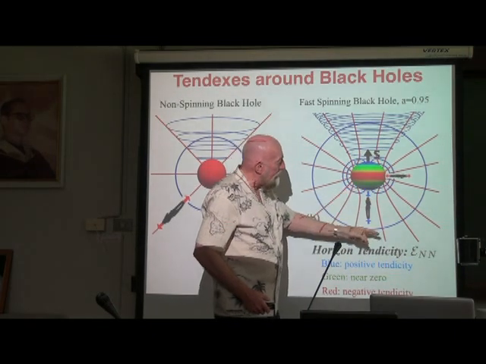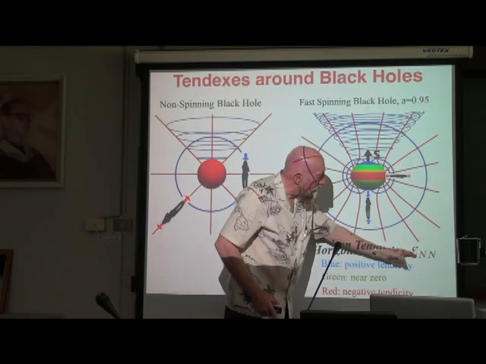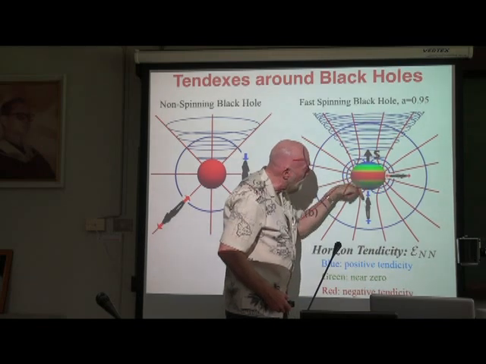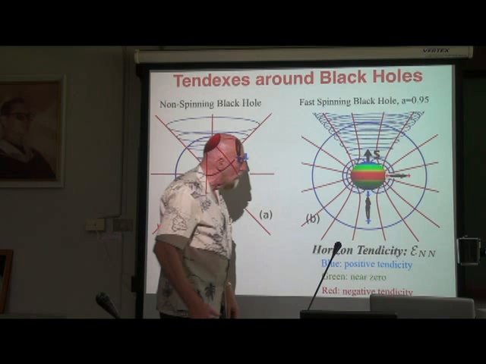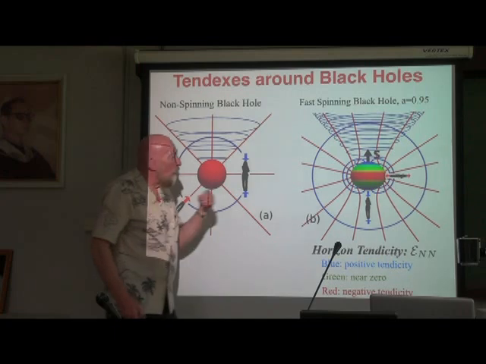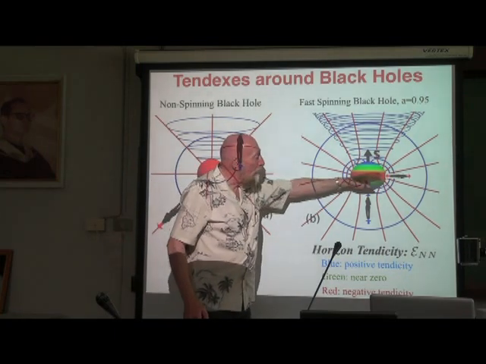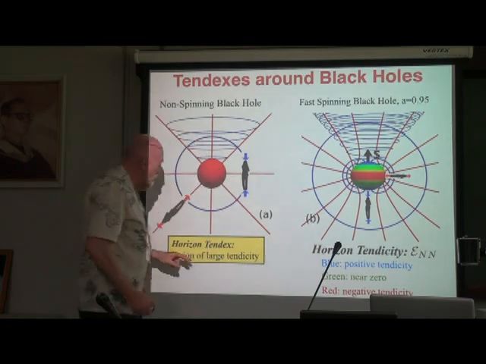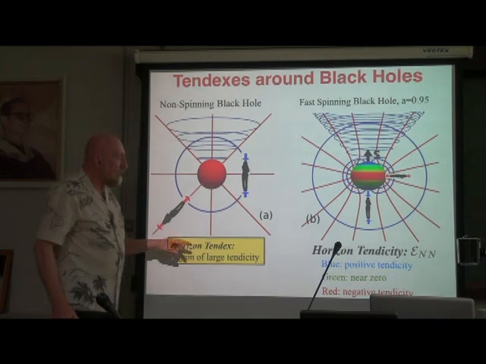And the tendicity is the normal component of the tidal field, where n is the unit normal to the horizon. A region that is very red has a large horizon tendicity. We call that a horizon tendex.